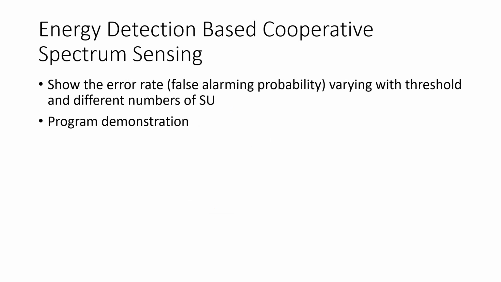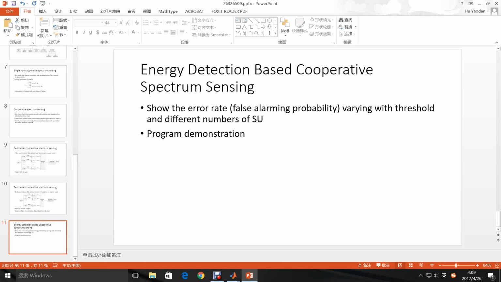Okay. Then we do a simulation for energy detection based cooperative spectrum sensing, and we show error rates varying with the threshold at different numbers of secondary users. Here we will do a program demonstration.